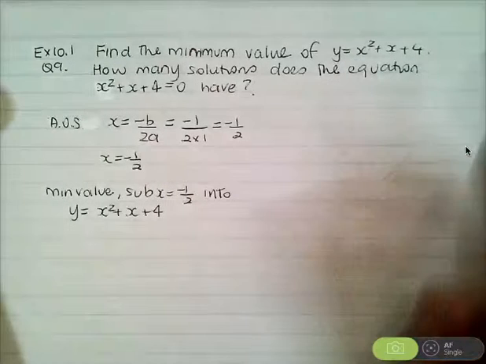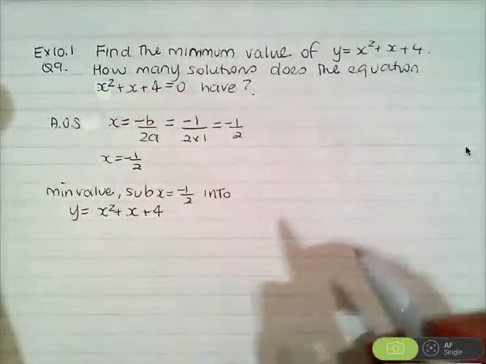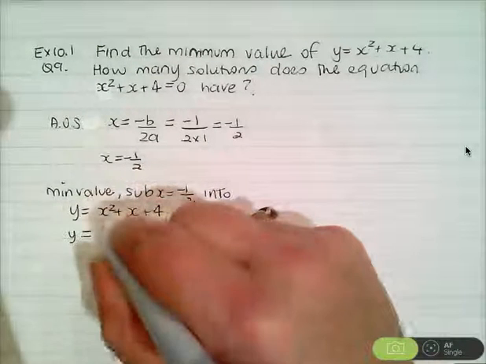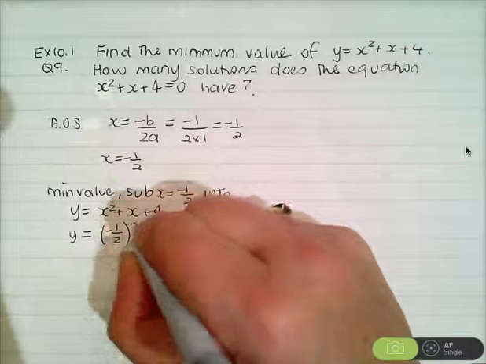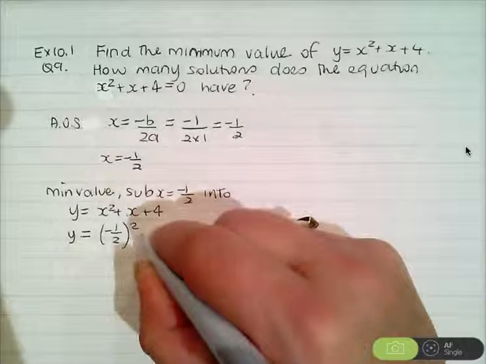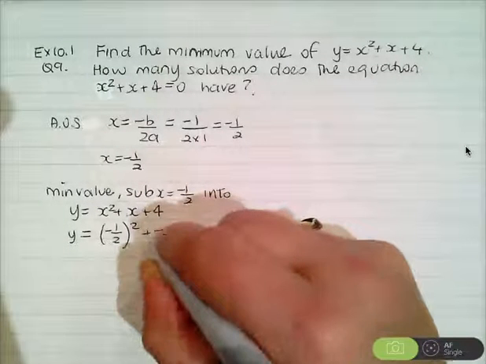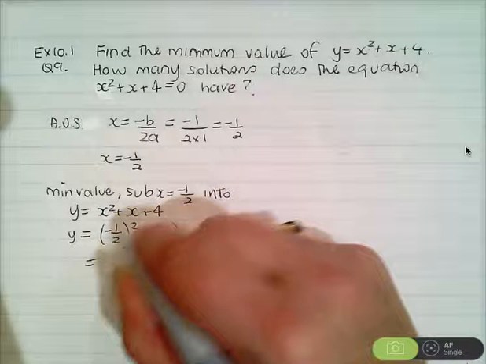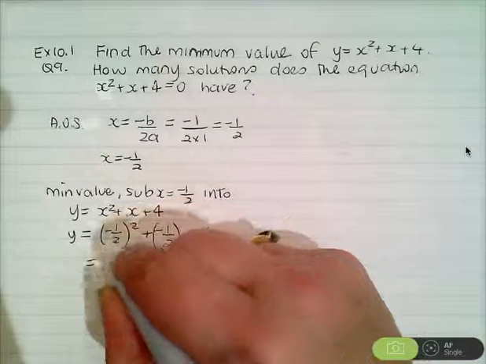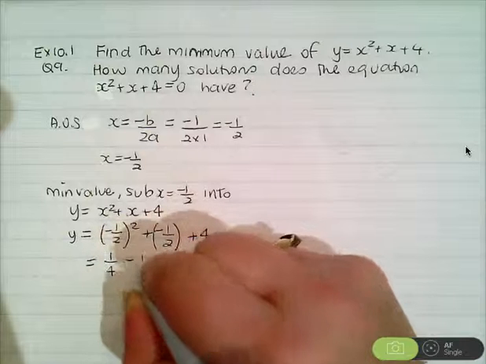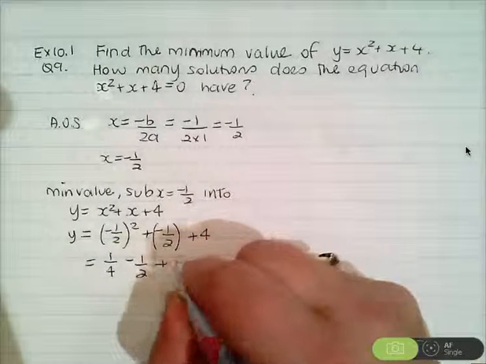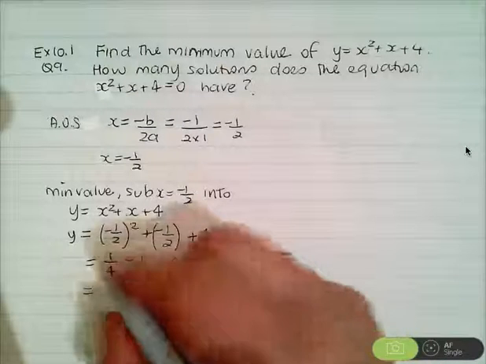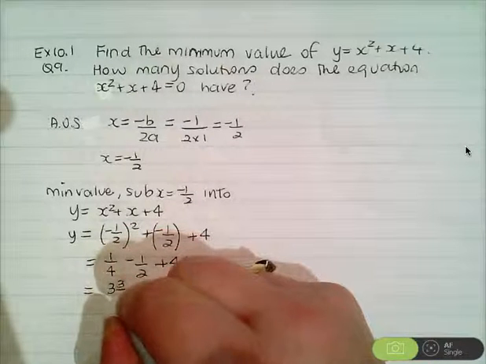So y equals negative a half squared, because the whole of the x squared gets squared, plus negative a half plus 4. Negative a half squared, we're squaring the negative, so it becomes a positive, so we get a quarter, plus negative a half means minus a half, plus 4. And so I've got 4 1/4 minus a half, which is 3 3/4.